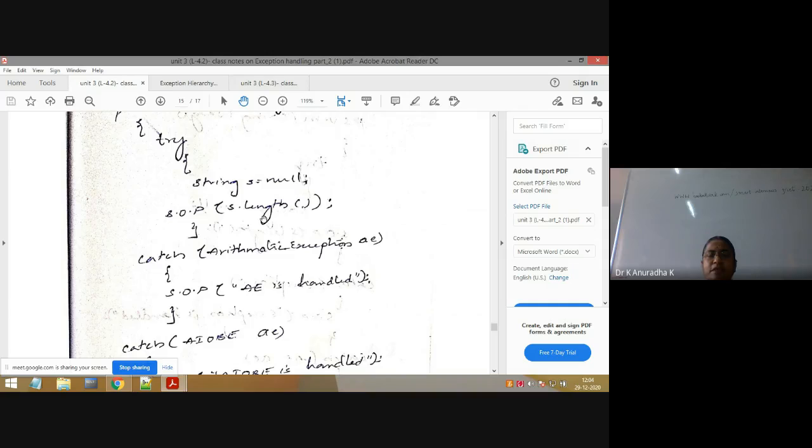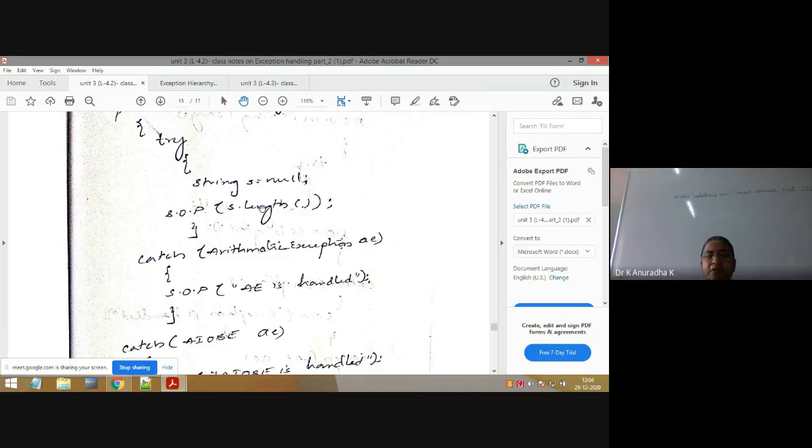In place of this exception, you can use any one of those five. It is not necessary to always use this exception, but you must write that exception or error code in the try block only.